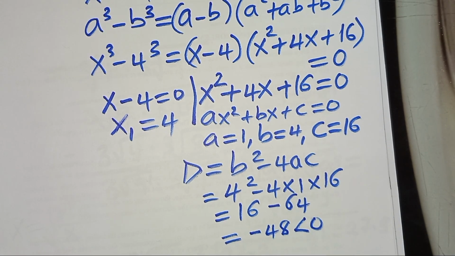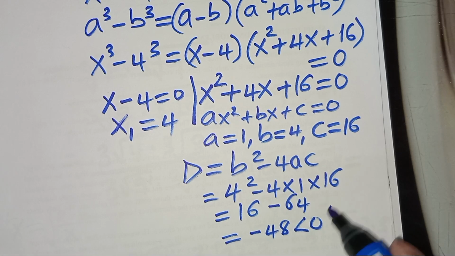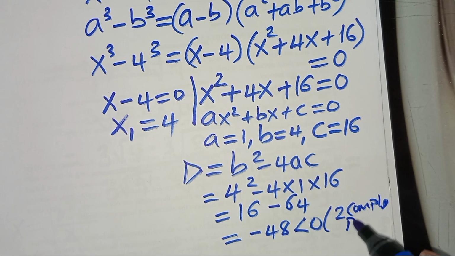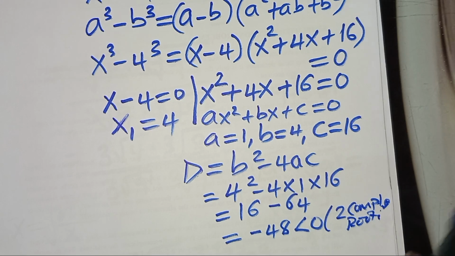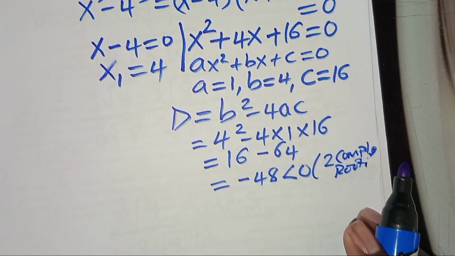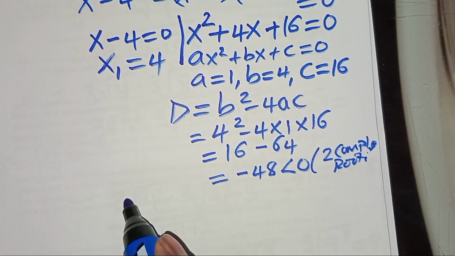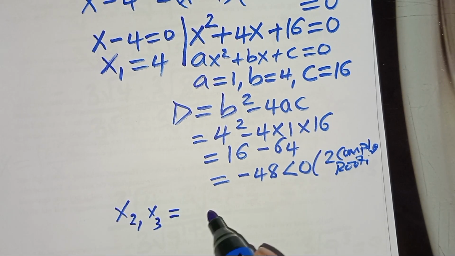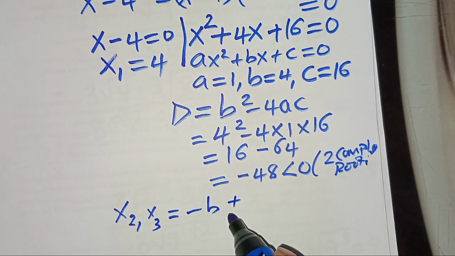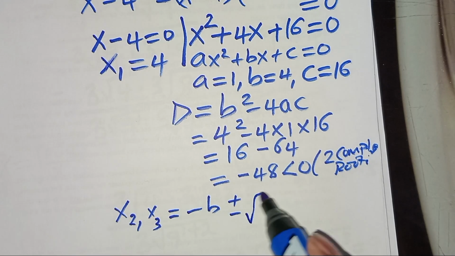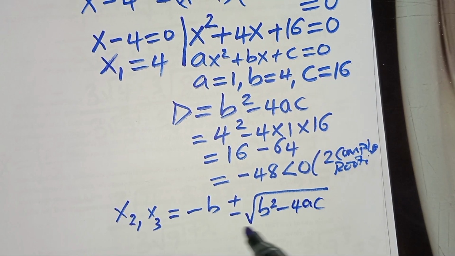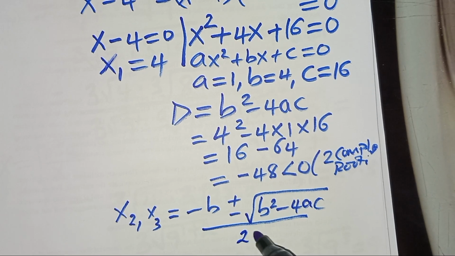And that means we have two complex roots. Okay, and so for these two complex roots, we apply the quadratic formula. So we'll have x2, x3, which is negative b plus or minus the square root of b squared minus 4ac, divided by 2a.